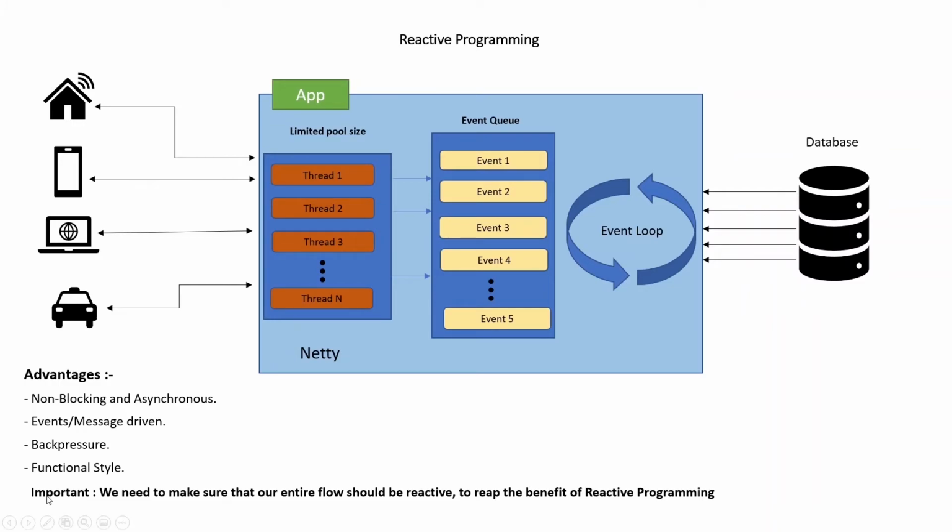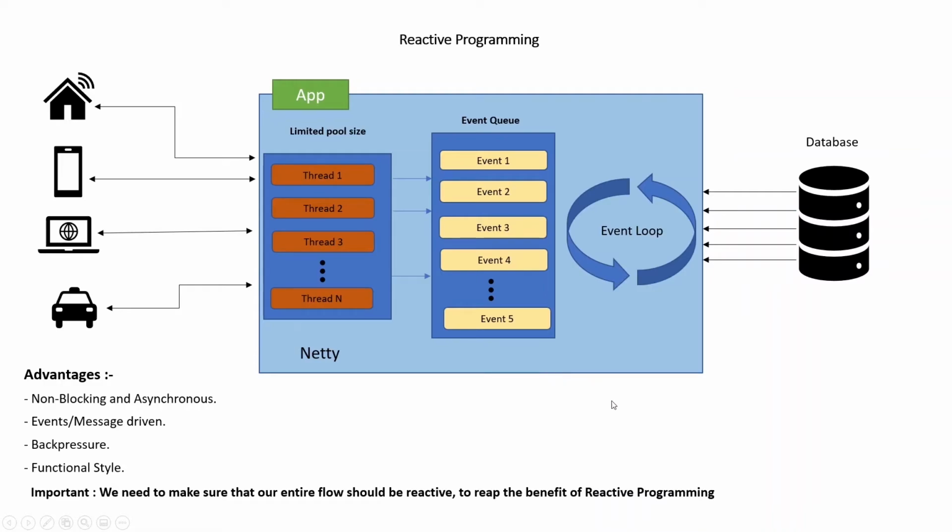The last and very important point over here is we need to make sure that our entire flow is reactive to reap the benefit of reactive programming. What it means is, there are different layers in this entire flow, right? There is a client layer, then an app layer which has Netty as the server, then our application code, then our database code. All of these different components should be reactive.